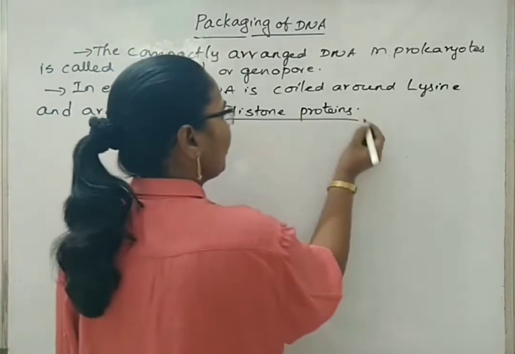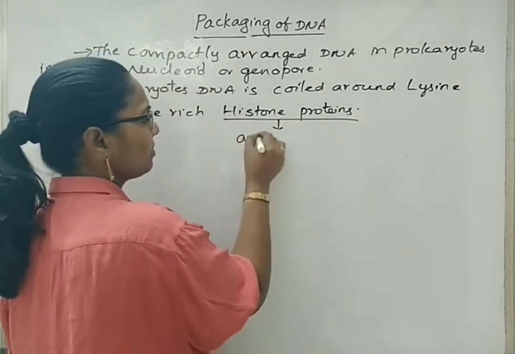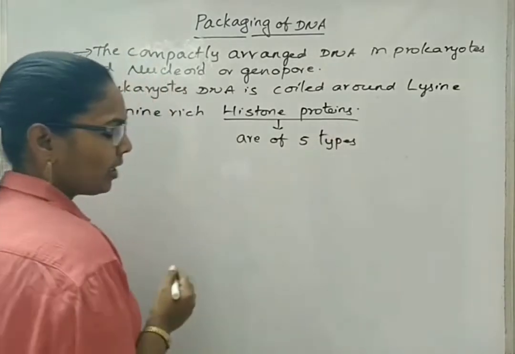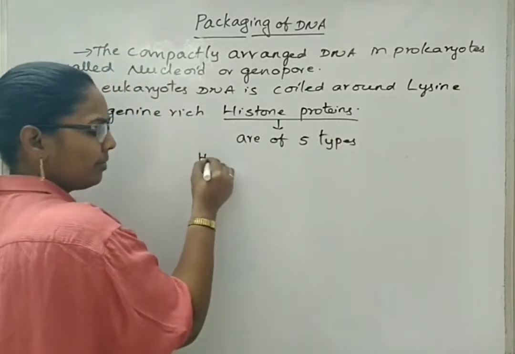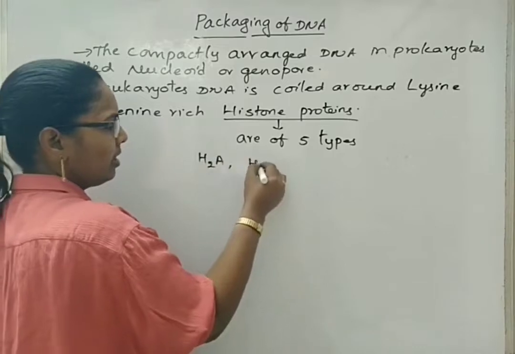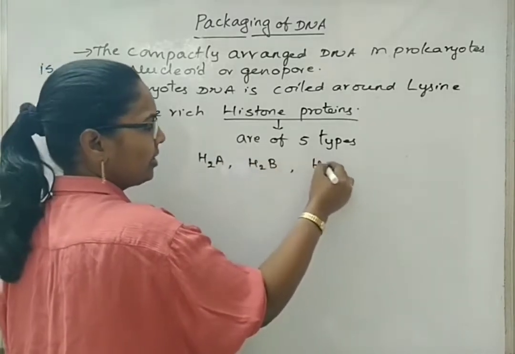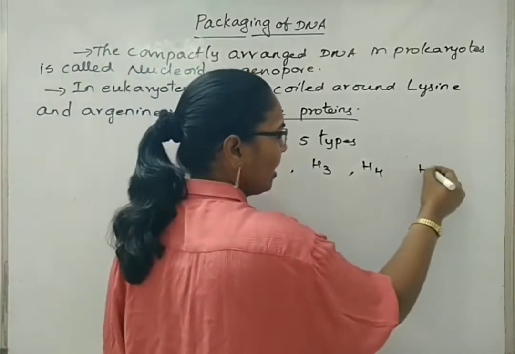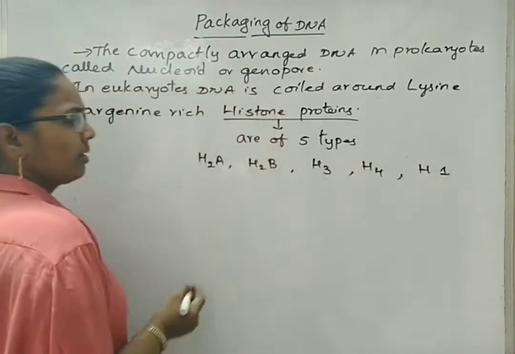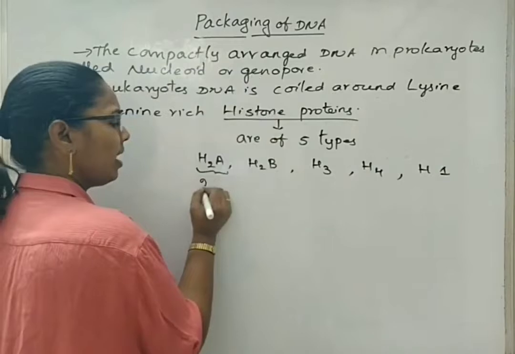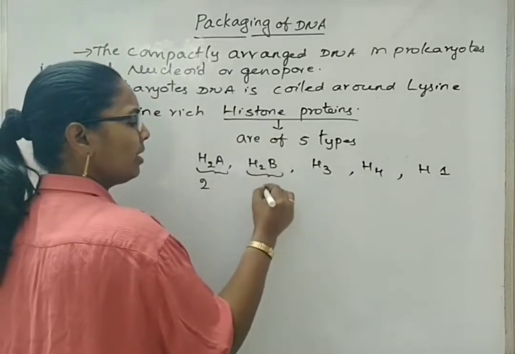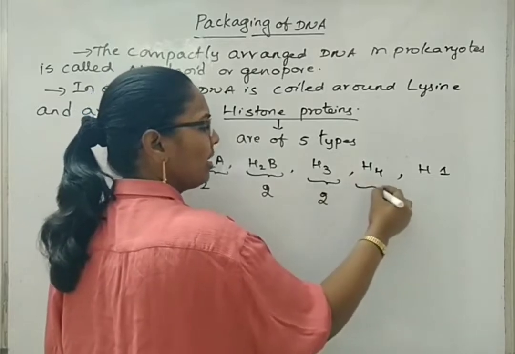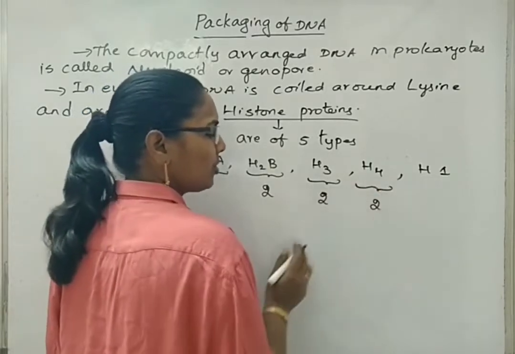Histone proteins are of 5 types. Those are termed H2A, H2B, H3 and H4. Another one is H1. H2A is 2 in number, H2B is 2 in number, H3 is 2 in number, H4 is 2 in number.